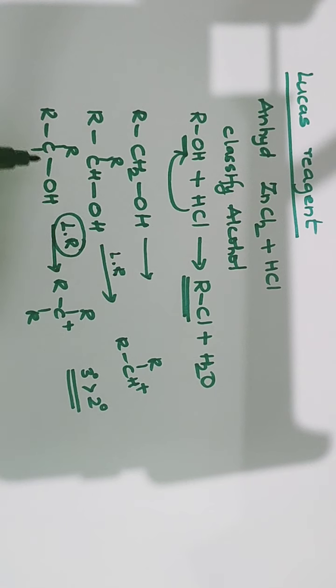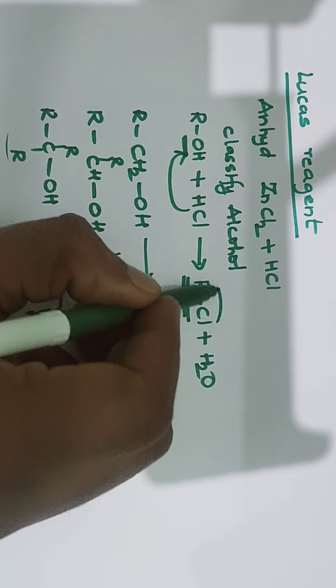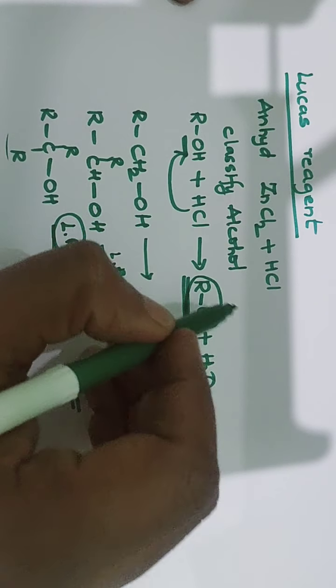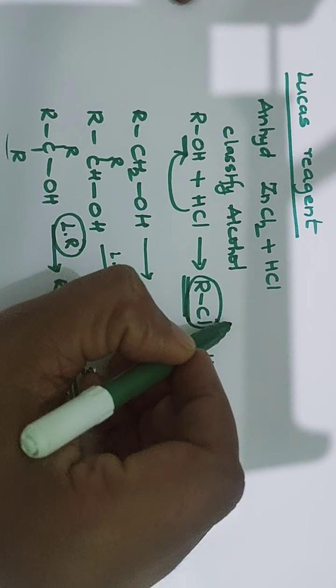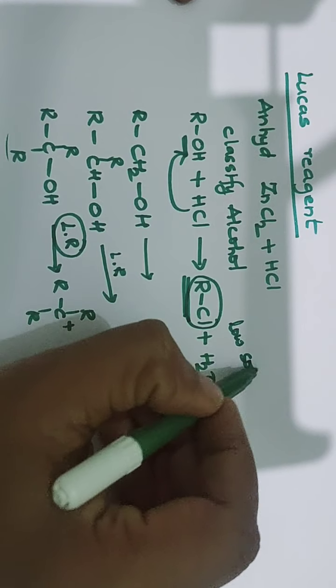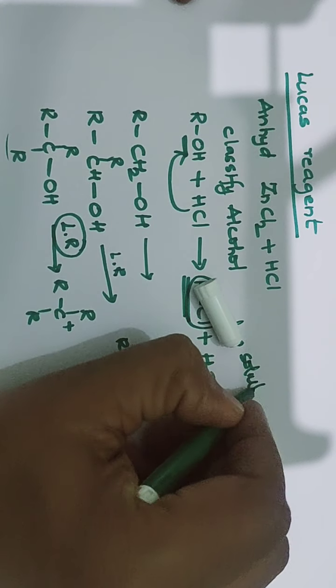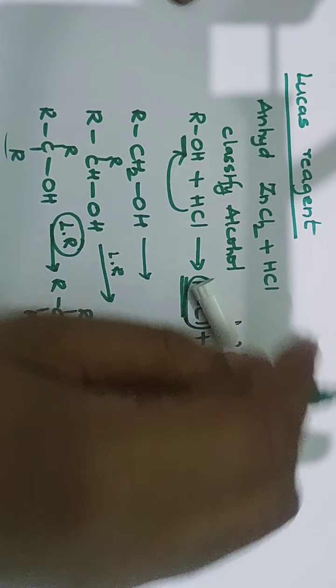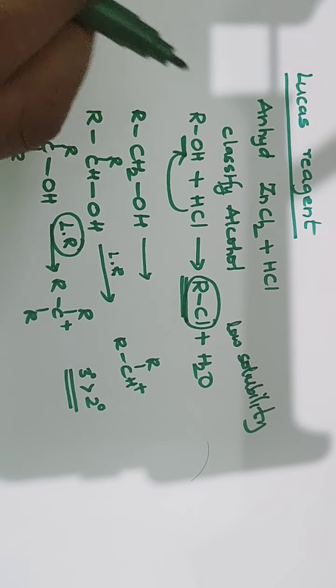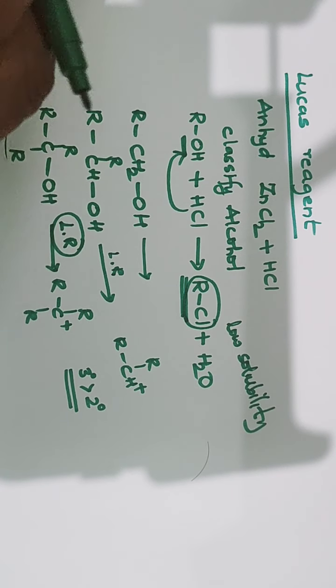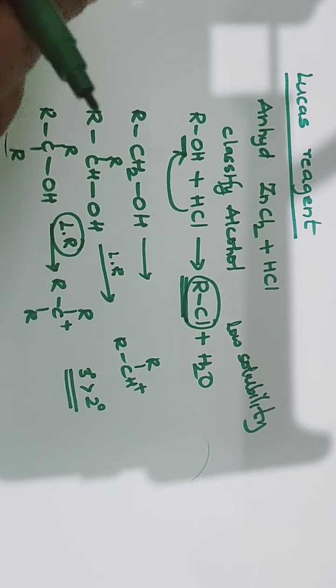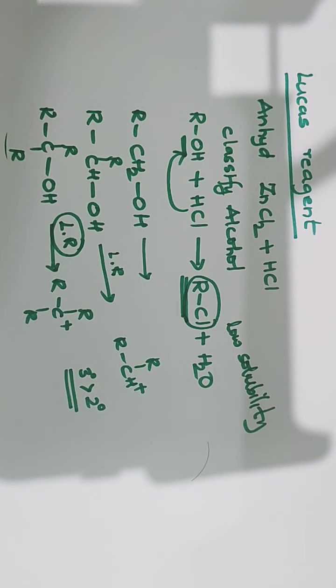So when an alcohol is treated with Lucas reagent, alkyl halide is formed. Since the alkyl halide has low solubility in water, turbidity or an oily layer appears.